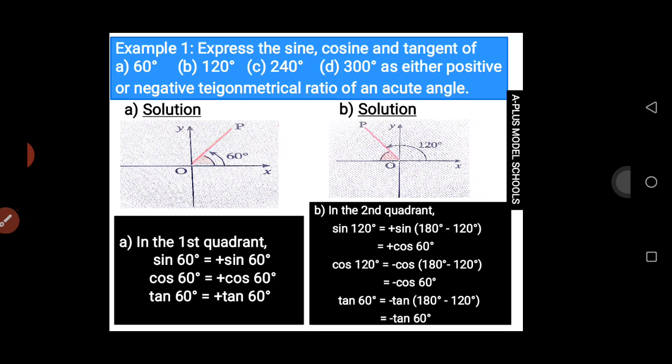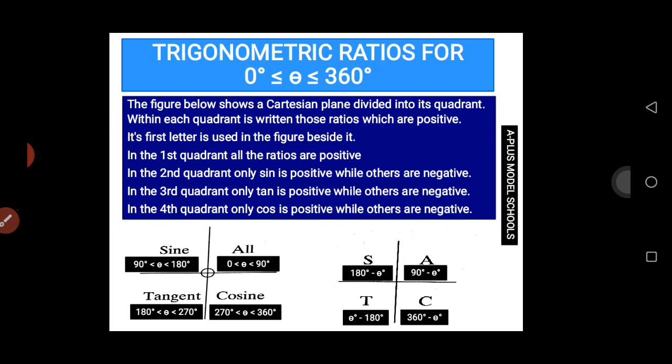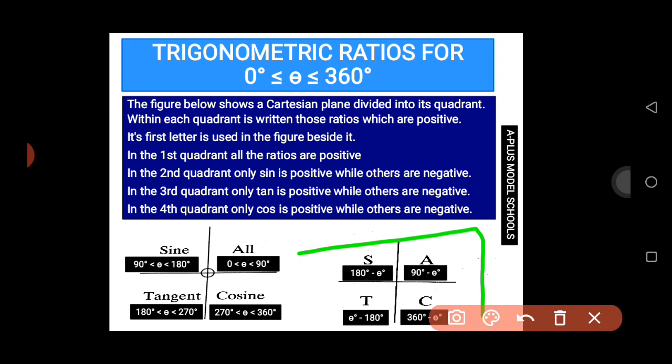Now let me go back just a step. Looking at this diagram, you will notice that in the first quadrant, 90 degrees is greater than theta. So whenever you are in the first quadrant, your angles are acute, because they are less than 90 degrees.